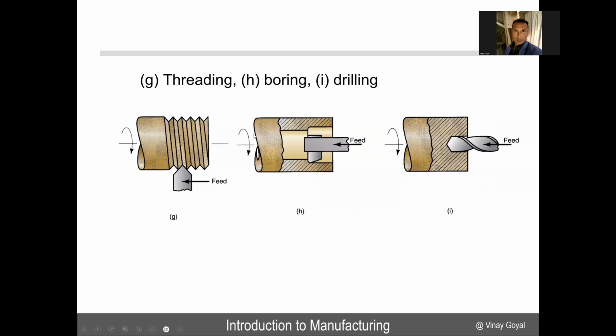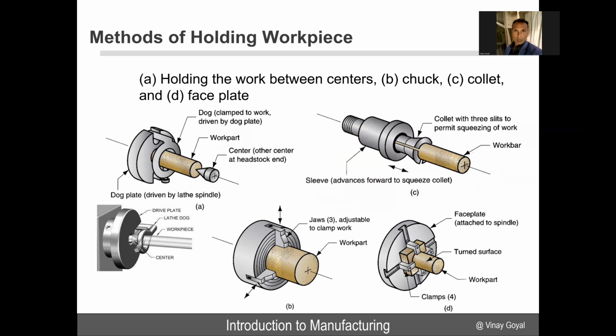By turning, you can also create threading, because you have this tool that has a shape and chips away material to create these threads. You also can use boring to create a bore, and drilling, which can also create a hole.